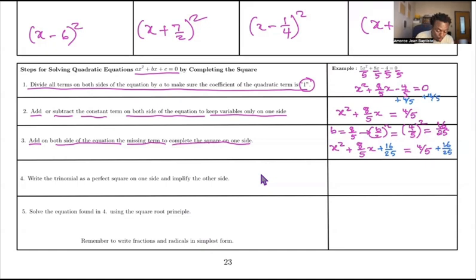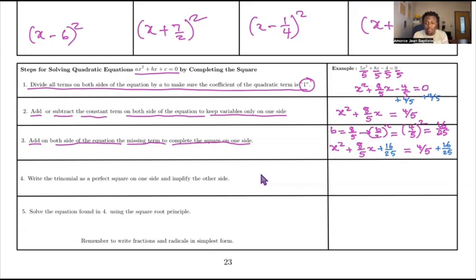Now we automatically have a perfect square trinomial on this side, because since you complete the square, you can easily set up your equation as this perfect square here.